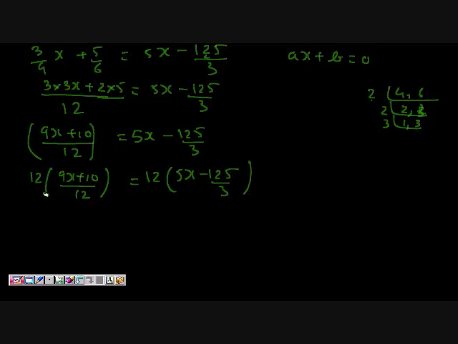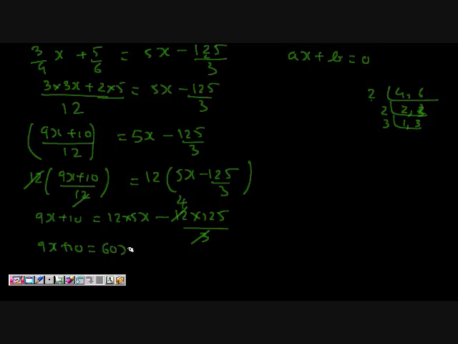The 12 cancels out, so 9x plus 10 is equal to 12 into 5x minus 12 into 125 divided by 3. 3 goes into 12 4 times, so 9x plus 10 is equal to 12 times 5 is 60x minus 125 into 4 is 500. Now the equation that we are given can be simplified into 9x plus 10 is equal to 60x minus 500.